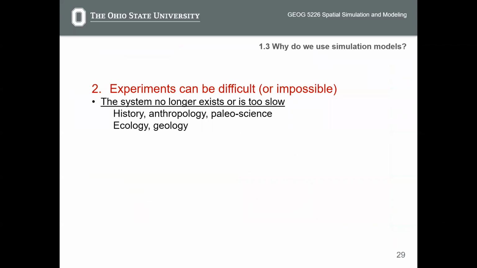The second reason is that some experiments in the real world can be very difficult or impossible to implement. So we want a sandbox on our computers to simulate what is going to happen in the real world, because the real world experiment is not possible. For example, the system no longer exists or is too slow for us to observe.